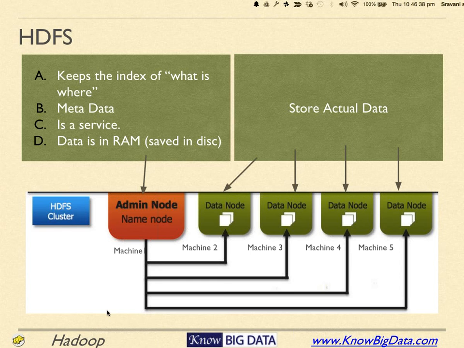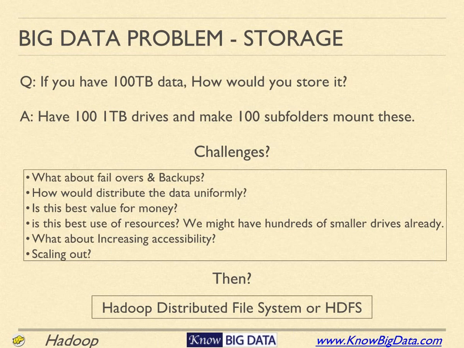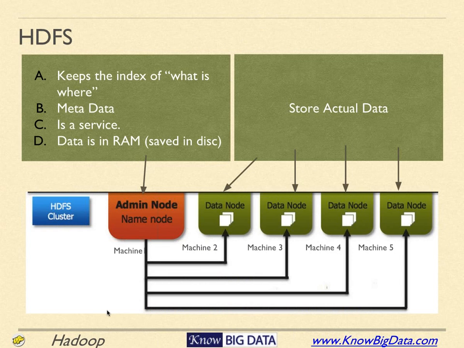Now you can see how HDFS solves the problem. So let's get down into this. HDFS is made up of two kinds of nodes. Each node is nothing but a computer.